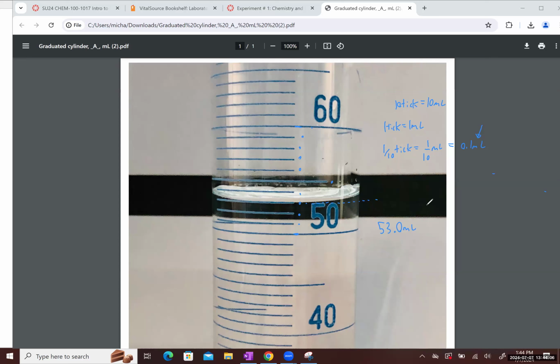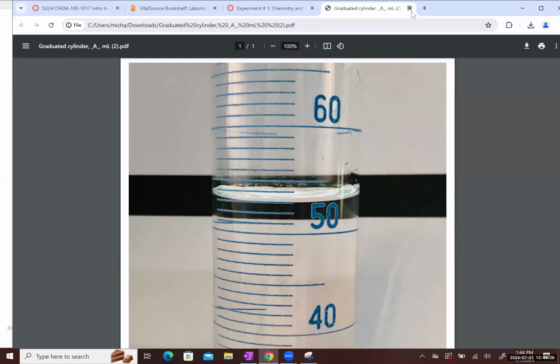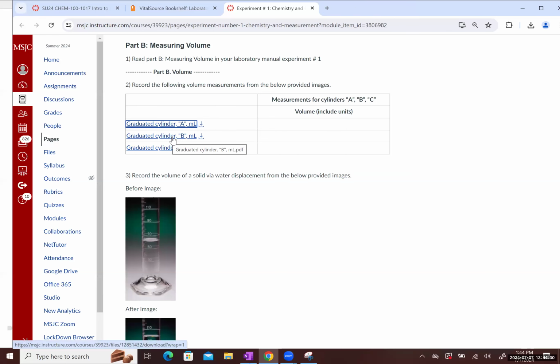More than reasonable. You may see some variation in the estimated digits. So let's transfer that over now. Our first volume reading, 53.0 milliliters. Okay, let's move on to the next graduated cylinder that we're looking at.